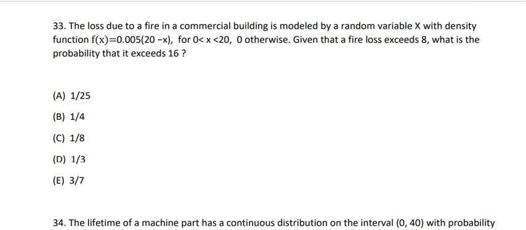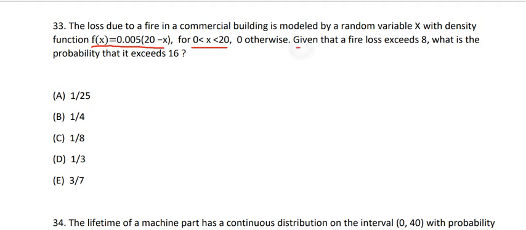Okay, so this is a continuous distribution. The problem is easy to understand. Such a problem is actually easy, it's a wording problem. We have a density function, and x between 0 and 20.